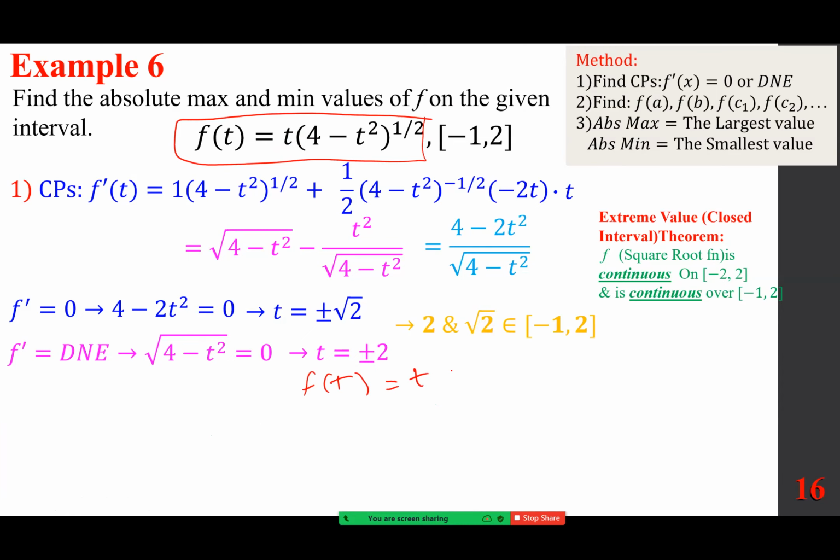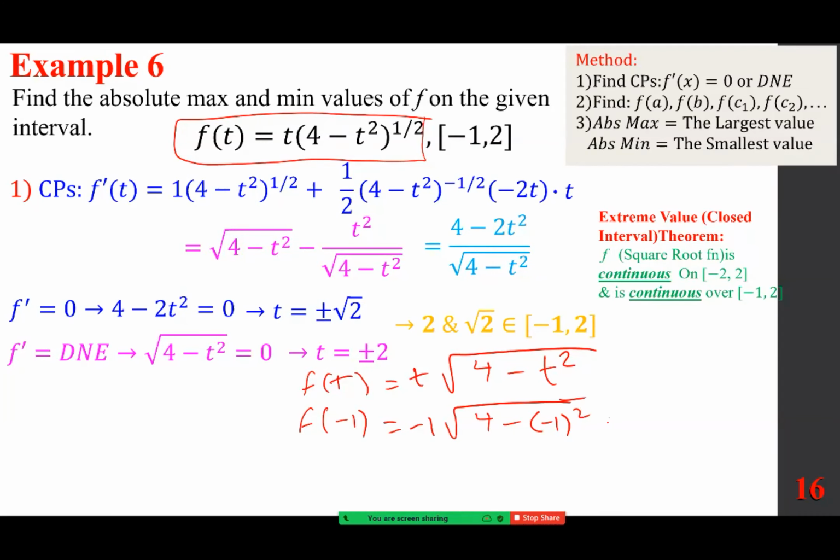F of t is t square root of 4 minus t squared. It's easier to use that one. So if I want f of -1, it means -1 square root of 4 minus -1 squared, which makes it -1 square root of 4 minus 1, which is 3. So this is minus square root of 3, as an example.